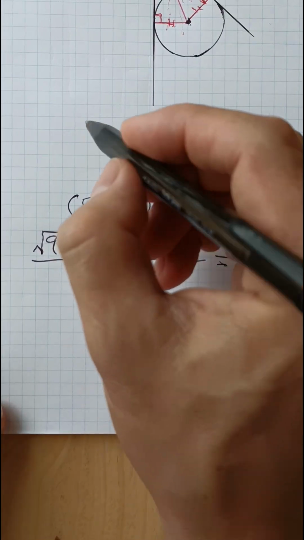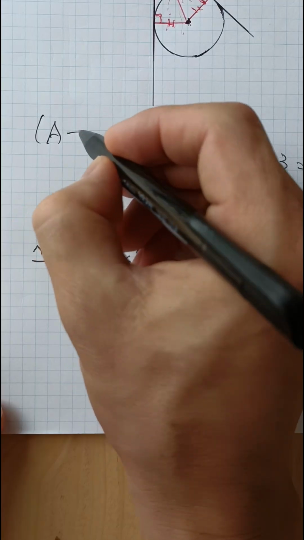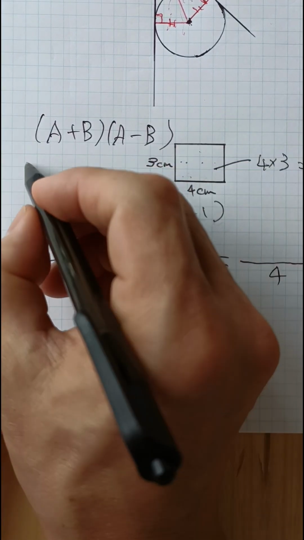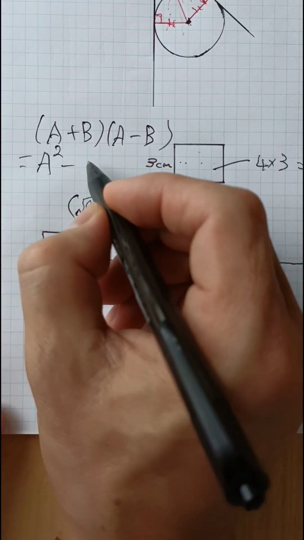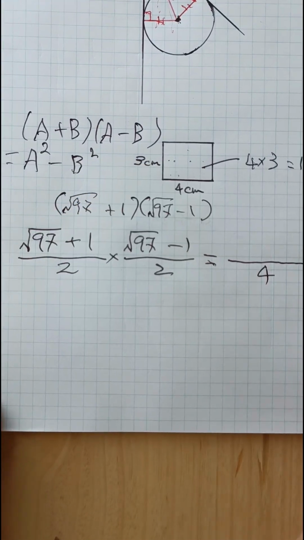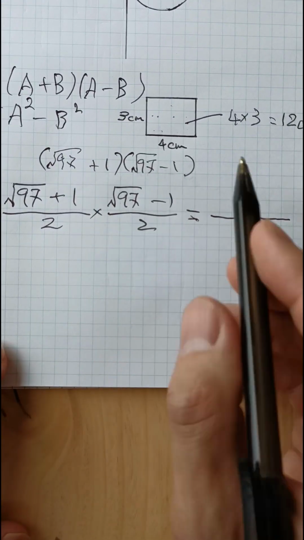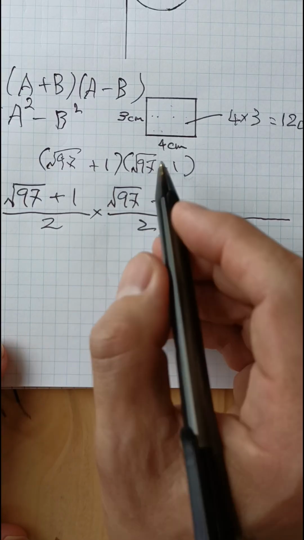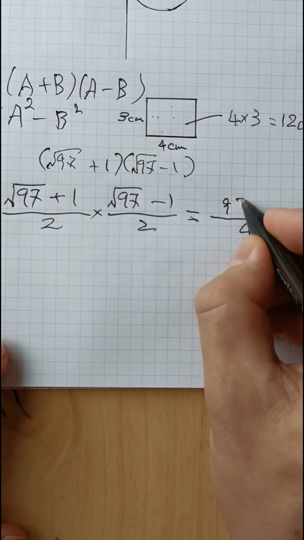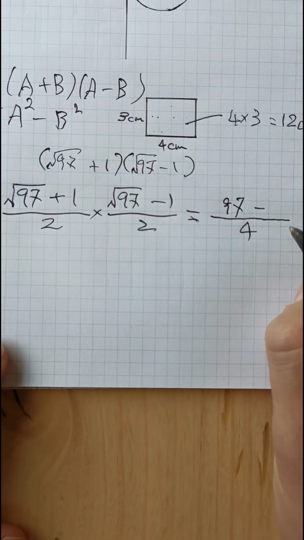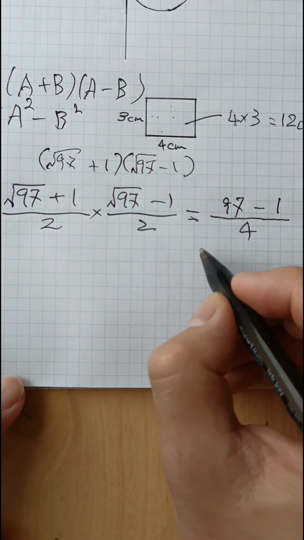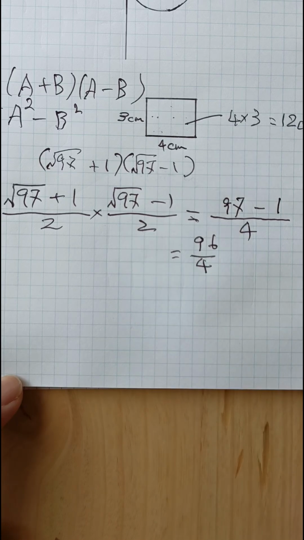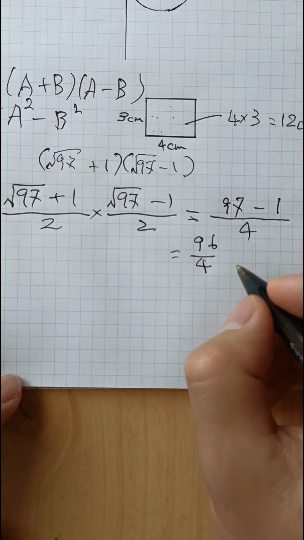So this is a type of (a plus b)(a minus b). If you expand this one, it's a squared minus b squared, isn't it? Which means square root 97 times square root 97 is 97, and then take away 1 times 1, which is 1, which is 96 over 4, which is 24.